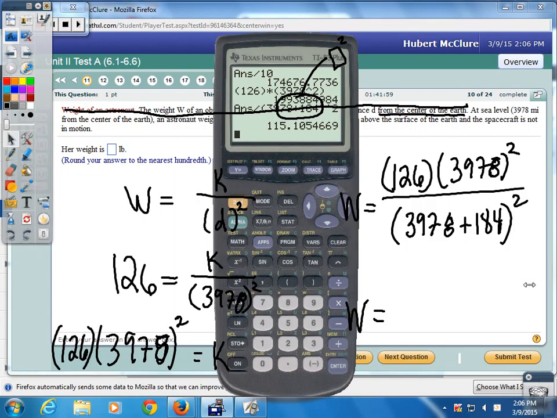What does it say? Round to the nearest hundredth? 115.11.